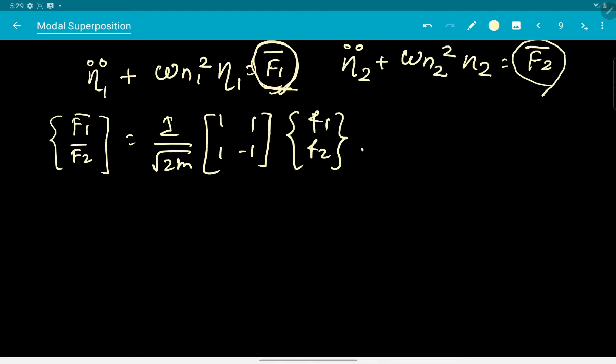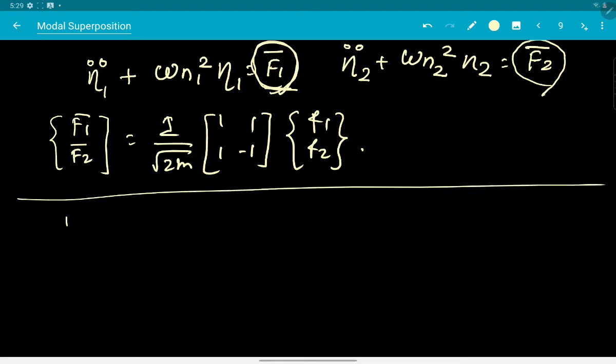Now let's invoke our problem that we were considering. We considered that f1 was equal to f0 and f2 was equal to 0, right?